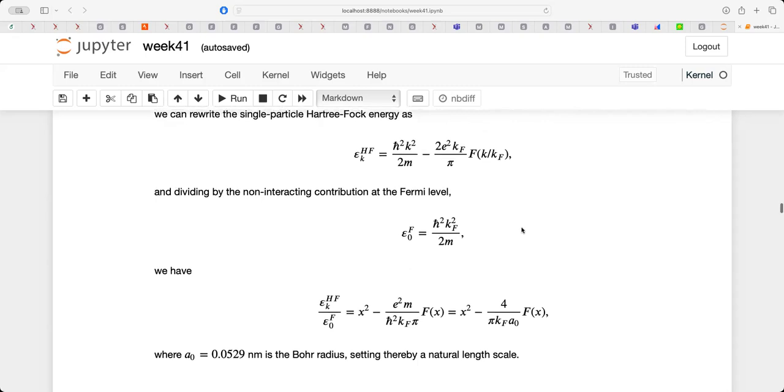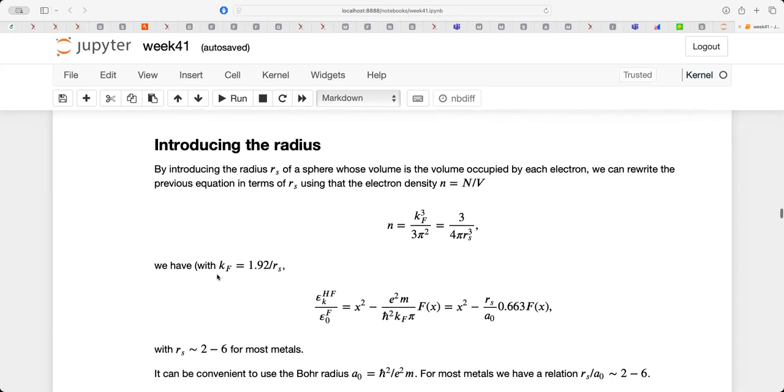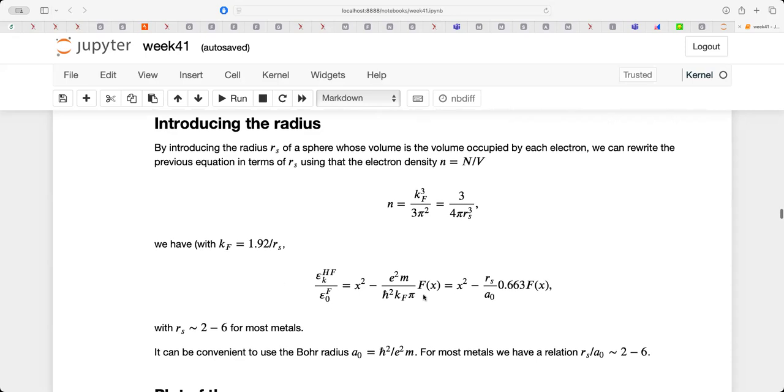So you will often see the results being given. So if you use this quantity here, then you will find that kF is given by 1.92 divided by rs. And it's pretty common to rewrite this equation like this. So then you have introduced physical constants, and the a0, which is the Bohr radius, is often used as a natural length unit for atomic systems and condensed matter physics and molecular physics.